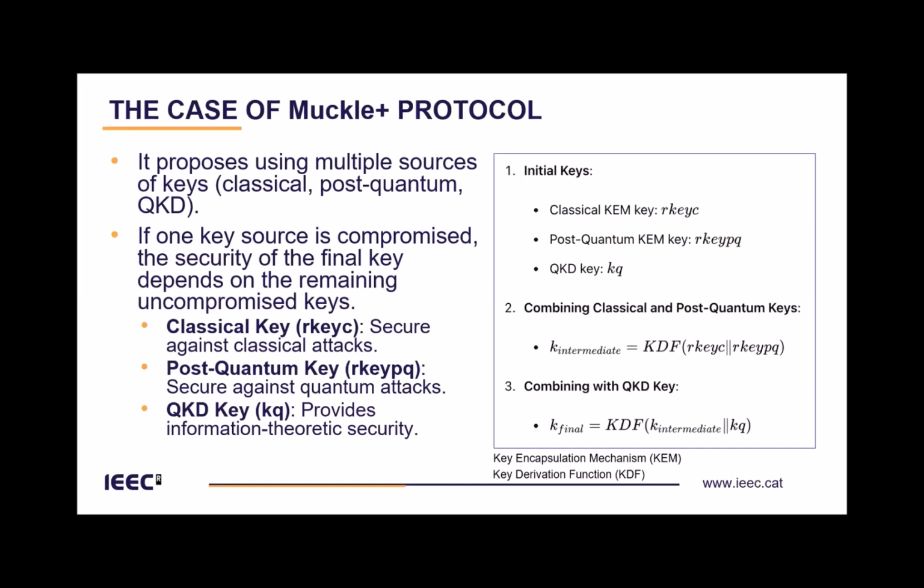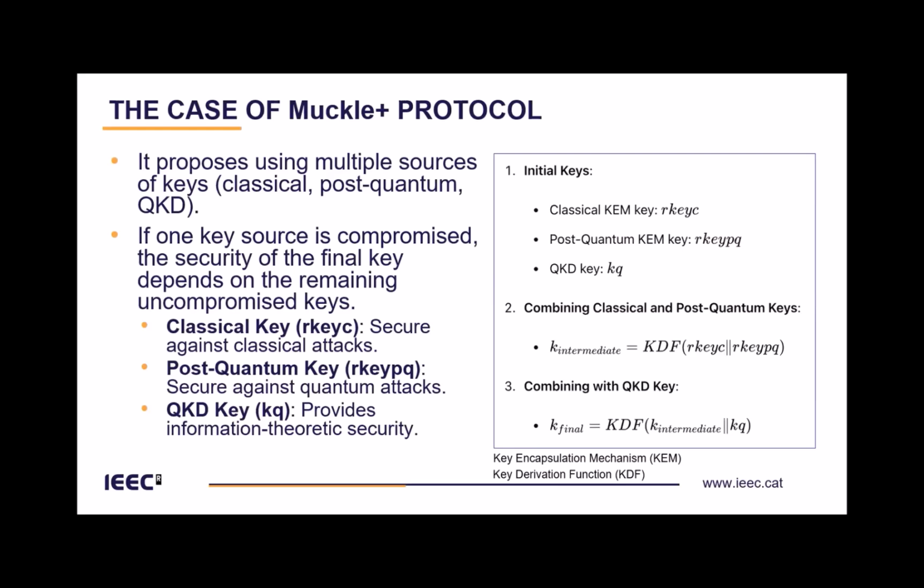What I'm saying here is that we enlarge this by making it even more agile, by introducing physical layer wiretap channel protocols. That's the idea. The Muckle protocol is not easy, but just for you to get the gist of it.